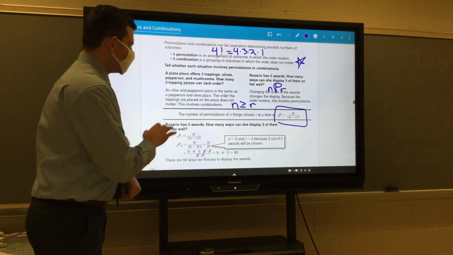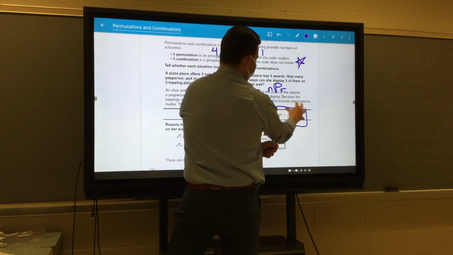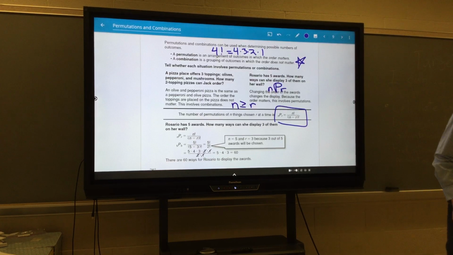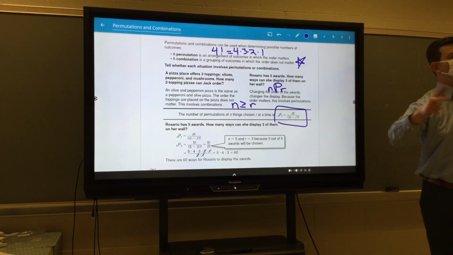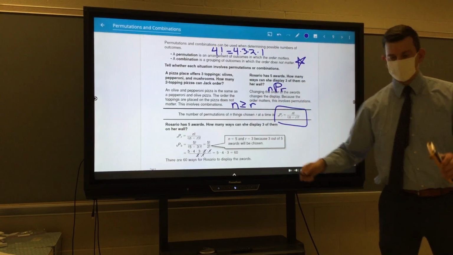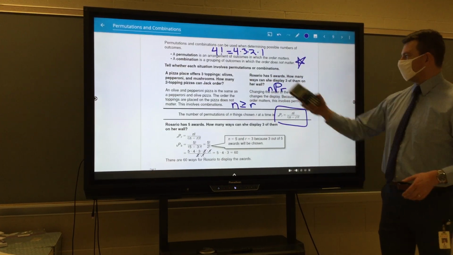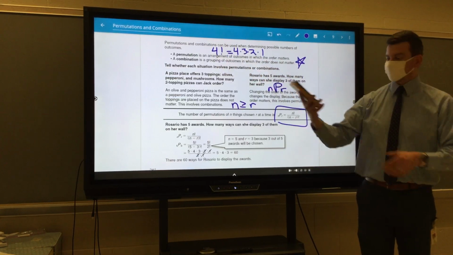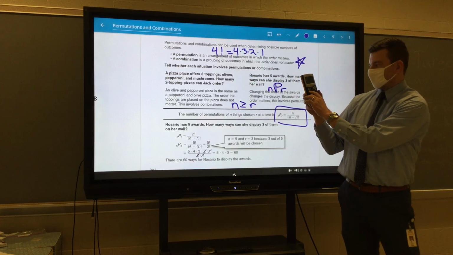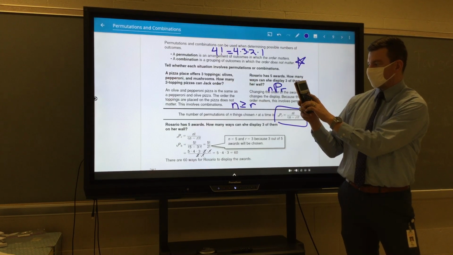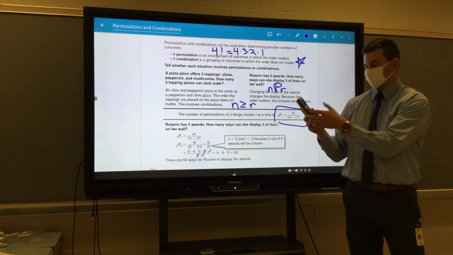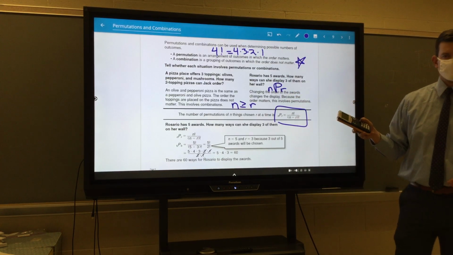Now, when you're working something like this, let me talk about how the calculator works for this right now. Before the end of class, I'll flip screens and show it to you. But if I wanted to do this 4 factorial on my calculator, I press the 4, I go to math, and then all the way over to the probability column, you'll see number 4, the exclamation point, the factorial symbol.